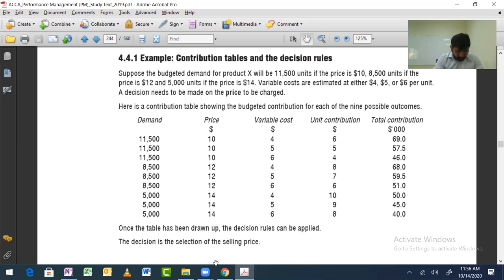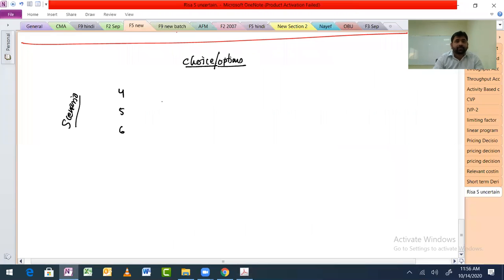Options will be 10, 12, and 14. What is 10, 12, and 14? 10, 12, 14 is the price. 4, 5, 6 is the variable cost. Okay, fine.